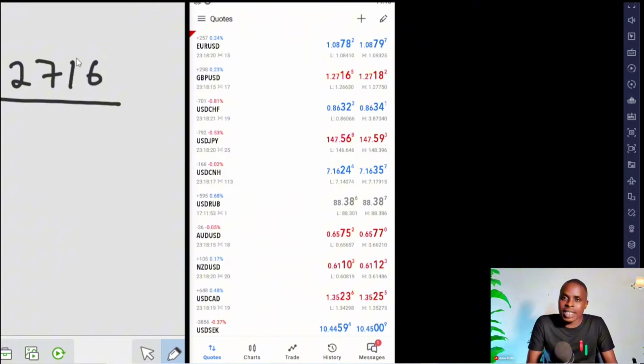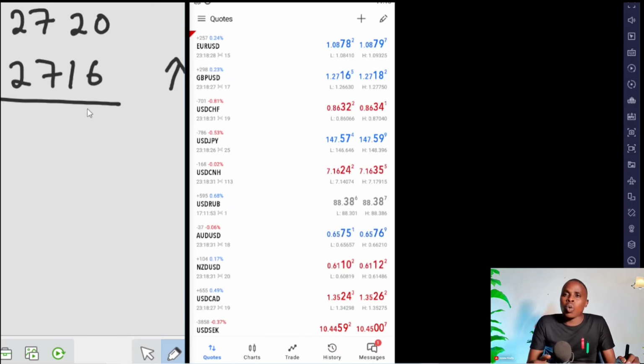When this exchange rate moves, let's say it moves up to 1.2720, what is the number of pips that this exchange rate has moved? We look at the last digit here and see that it moved to 0, which means we added.